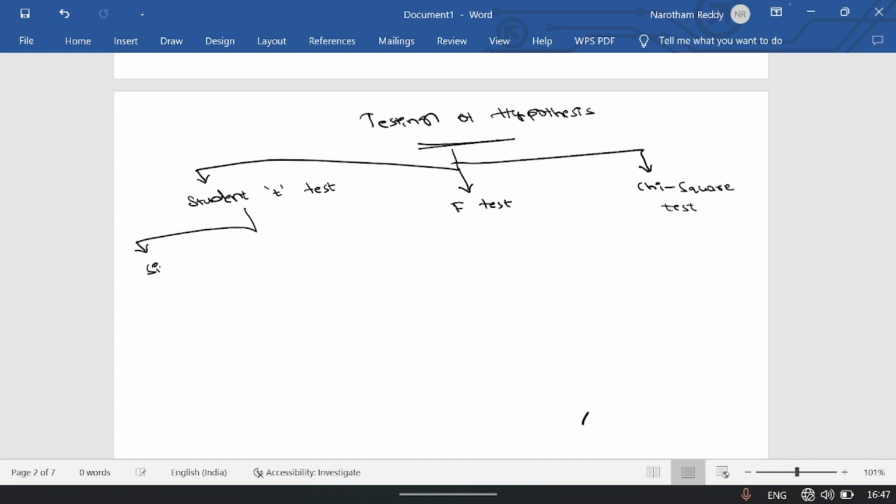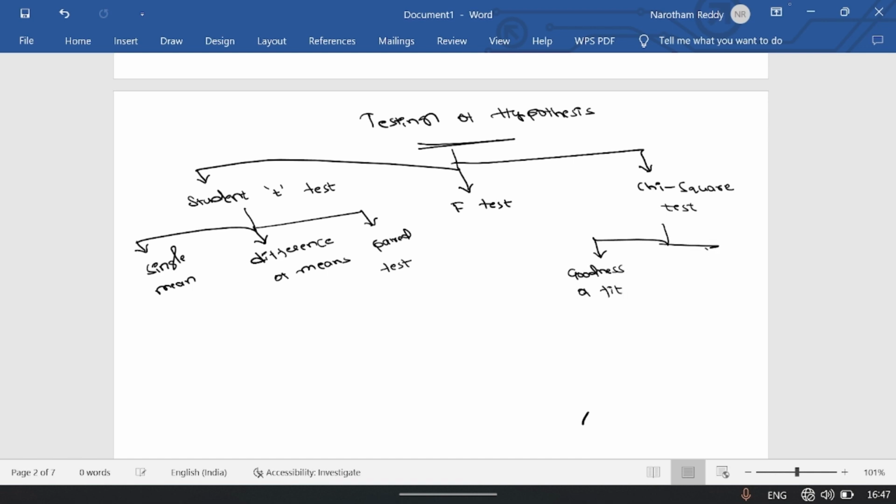First one, single mean. Second one, difference of means. And third one, paired t test. Coming to chi-square, there are two methods. One is goodness of fit, and second one is independence of attributes.